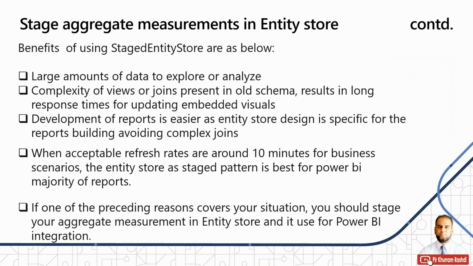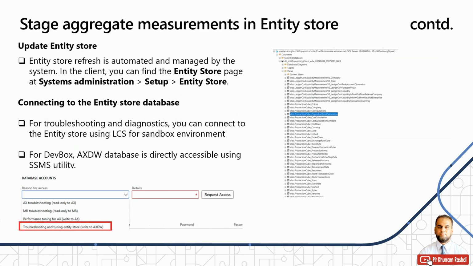If one of the preceding reasons covers your situation, you should stage your aggregate measurements in this entity store, and it is used for Power BI integration. Now, on the right hand side you will see a picture.